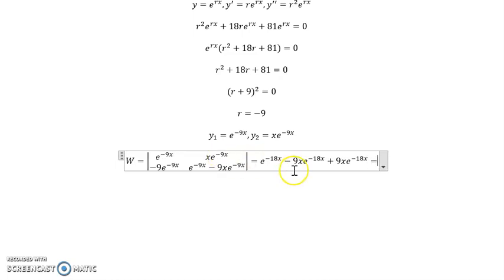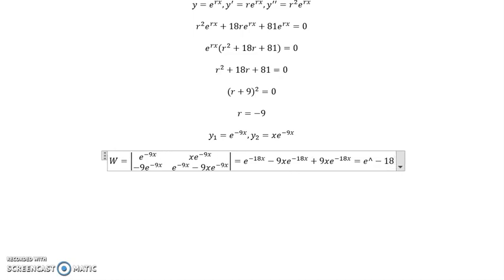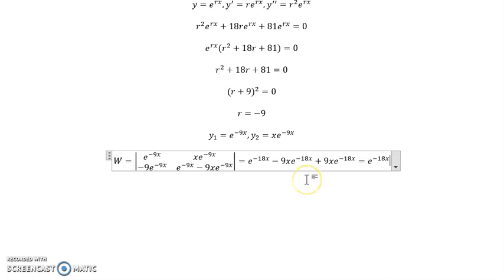And we can see that the x e to the negative 18x terms cancel, and I'm left with just e to the negative 18x, which is what we would expect. And again, if you switch the order of these in the matrix, you will possibly get this answer with a negative sign. So they are independent because this answer is not 0.